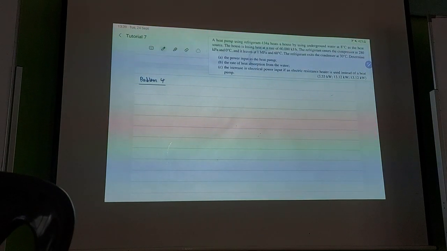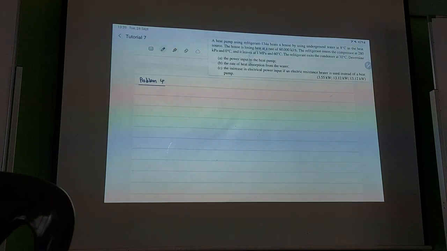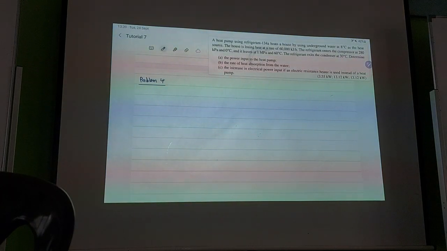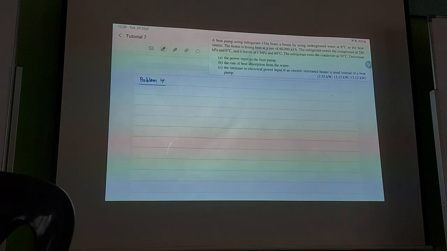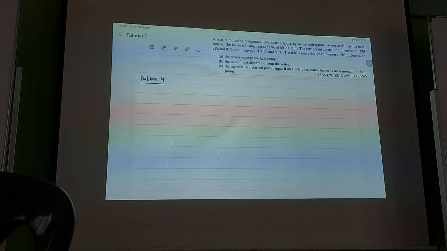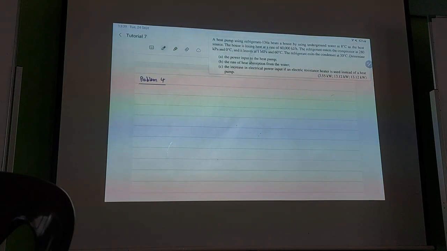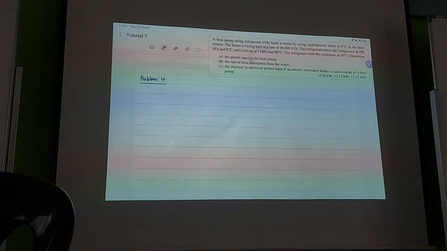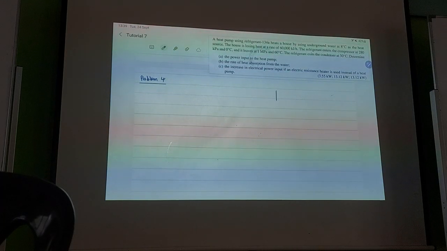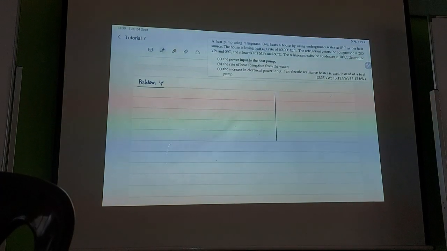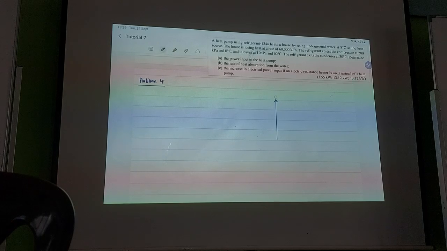The house is losing heat at a rate of 60,000 kilojoule per hour. The refrigerant enters the compressor at 280 kilopascal at 0 degrees Celsius and leaves at 1 megapascal at 60 degrees Celsius. And it exits the condenser at 30 degrees Celsius. So if you just look through the question, it is actually a pretty straightforward, normal question.